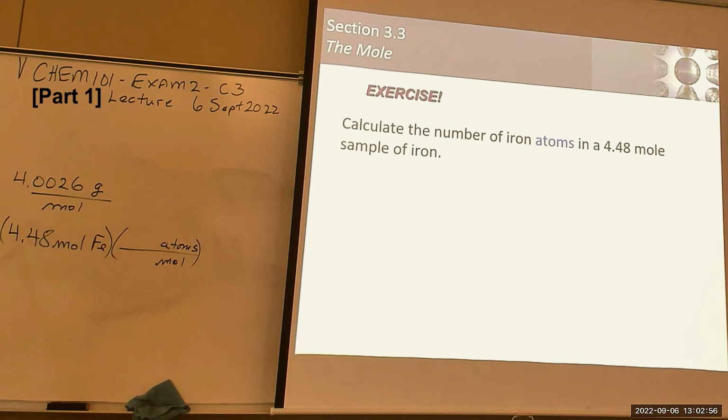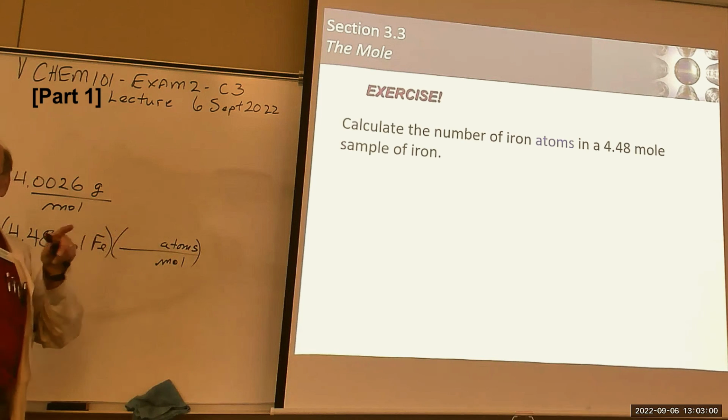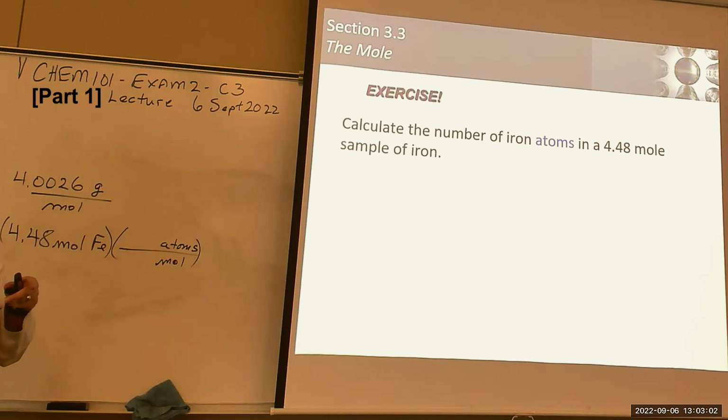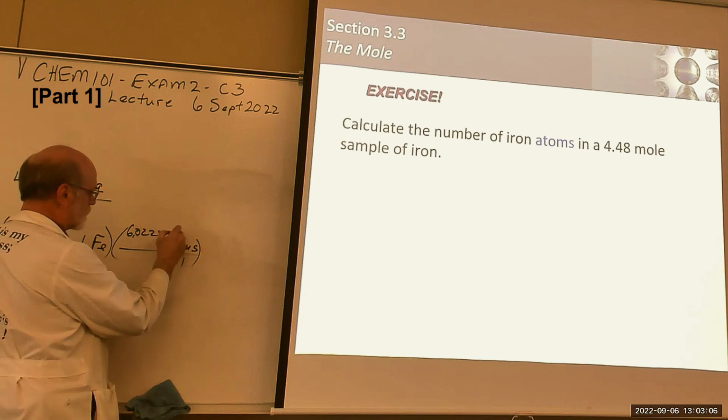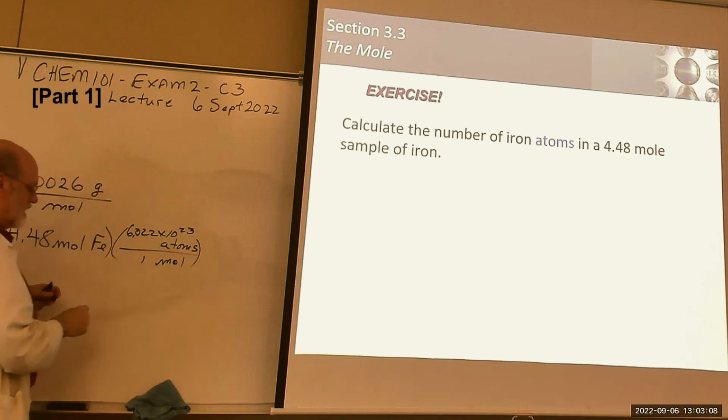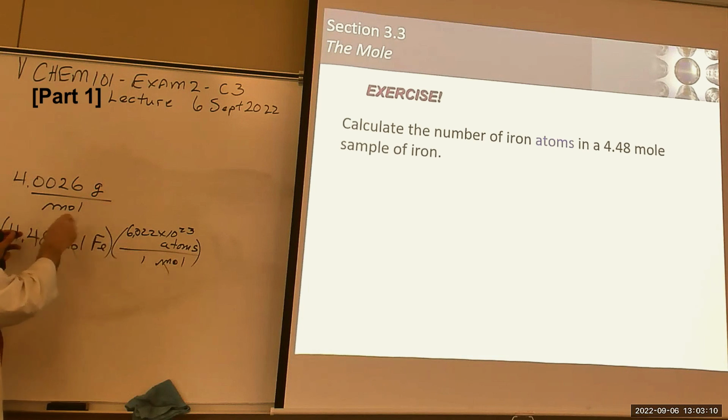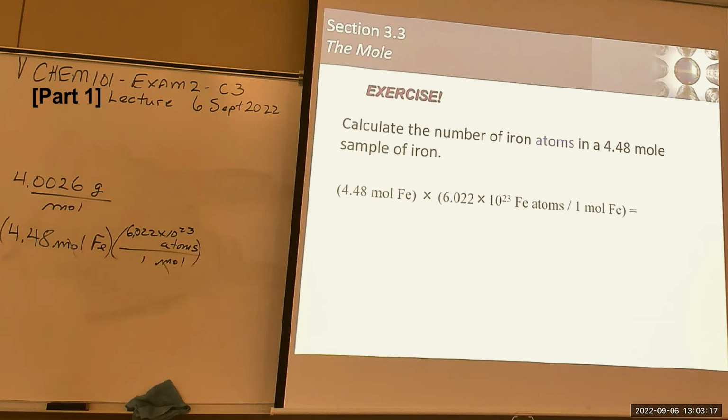Well, we don't have to go to the periodic chart because that ratio is Avogadro's number, 6.022 times 10 to the 23rd. Moles cancel, leaves you with atoms of iron. So you just multiply those out. And there you go. That many atoms is what that mass represents.